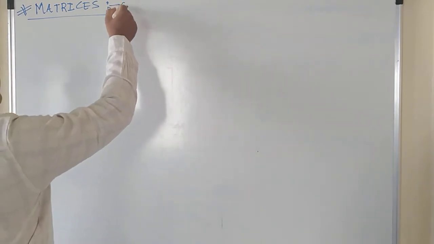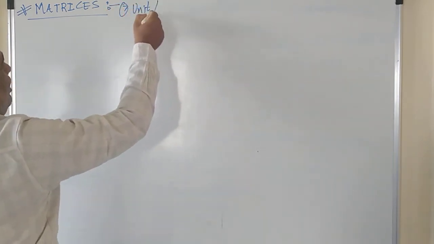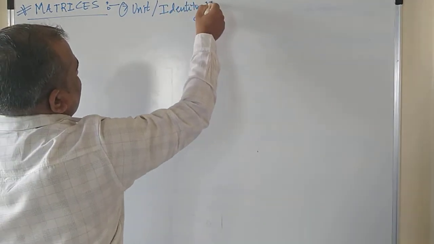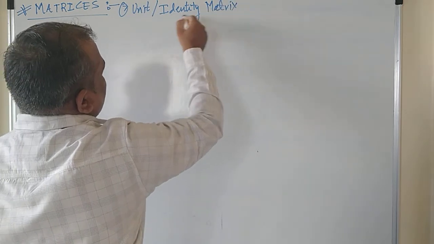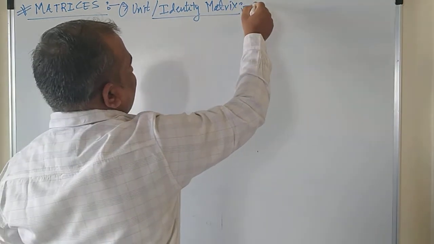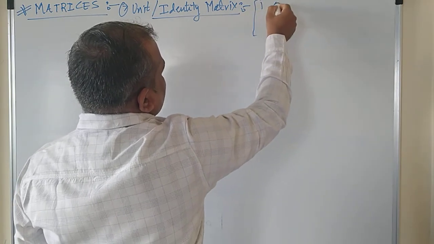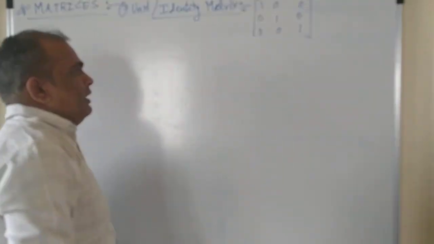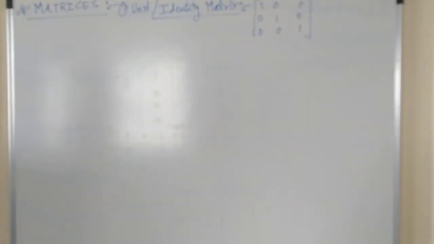The seventh type is the unit matrix, also called the identity matrix. I will just give you an example. You are quite familiar with this kind of matrix: 1, 0, 0, 0, 1, 0, 0, 0, 1 is a unit matrix or identity matrix, right? Its diagonal elements are 1 and non-diagonal elements are equal to 0.